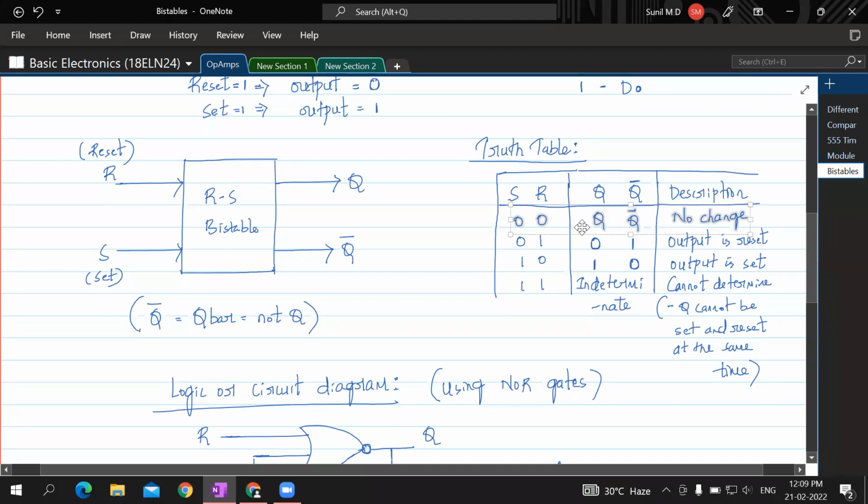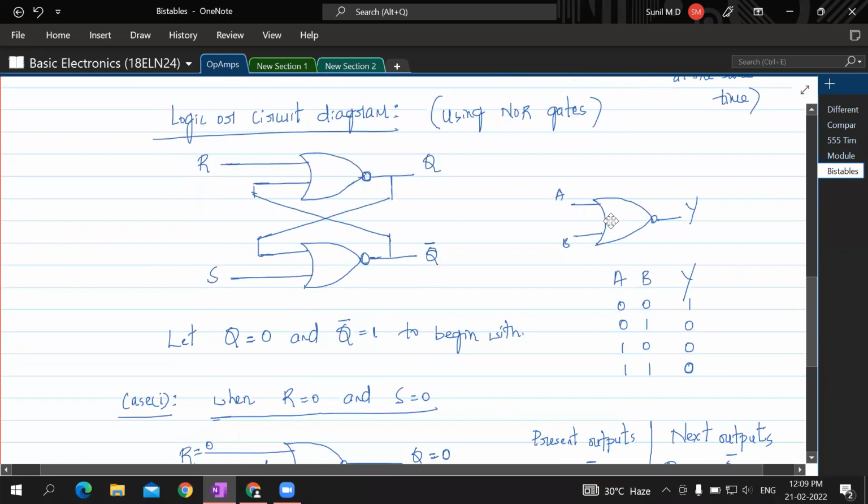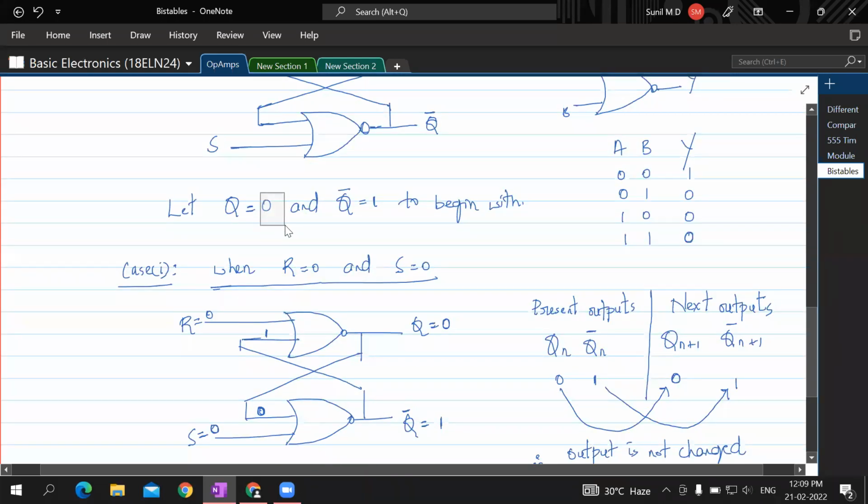So let us assume these outputs to be some value. I assumed that value to be 0 and 1. Q is 0, Q bar is 1. This is just an assumption, because I need to show that this particular output, which I have considered, will not change for R equal to 0 and S equal to 0.